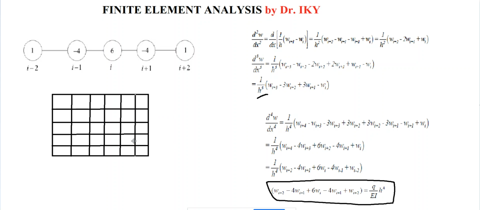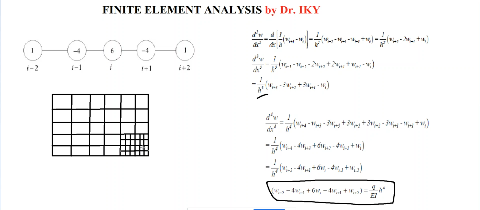For example, I want to make a much more precise description of this area. So I can make this zone refiner like this. If I need to get more detailed answers from here, I will change the meshes like this.